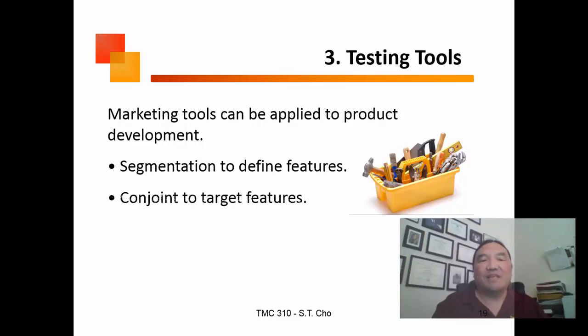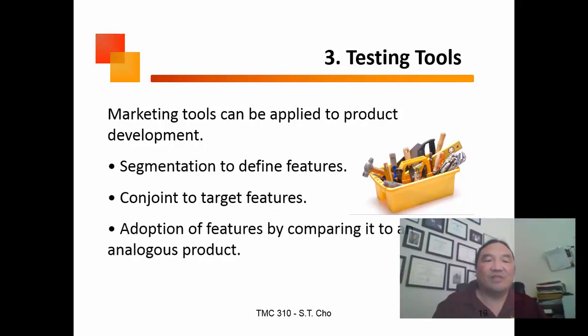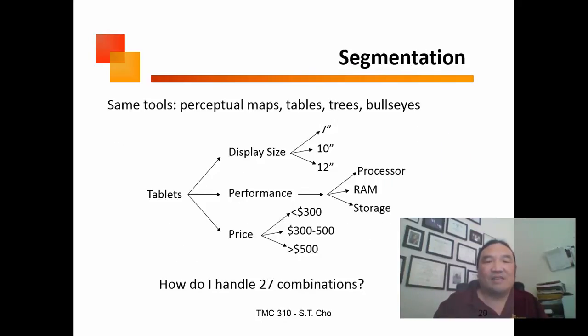I can use segmentation to figure out features, conjoint to target figures, and look at the adoption of these features to try to predict it by looking at analogous products, see what they did, see how it compares to what I need to do.